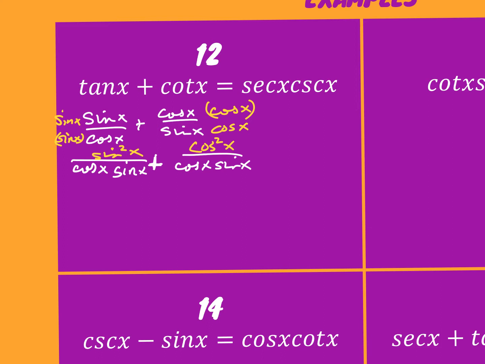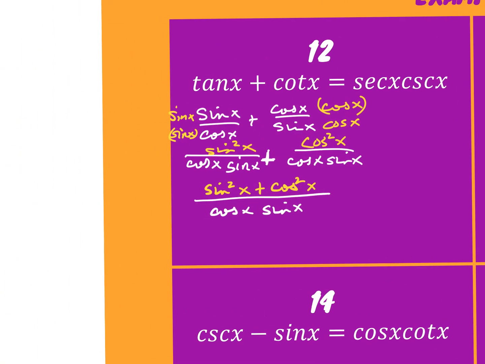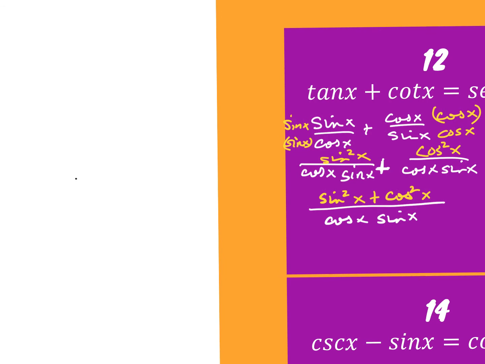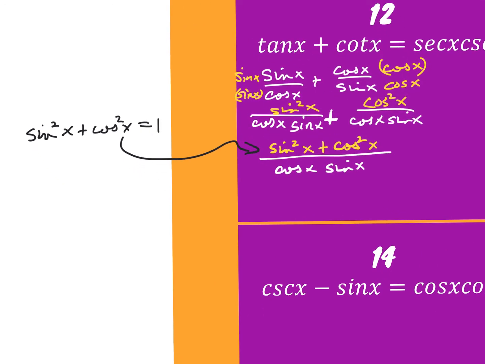I'm going to add my numerators. It's going to become sine squared x plus cosine squared x, and then it has the same denominator, which is cosine x sine x. Now, the numerator is actually a Pythagorean identity. If you memorize that sine squared x plus cosine squared x equals 1, that's what I'm going to substitute into my numerator. I'm going to change that numerator to a 1. So now I have 1 over cosine x sine x.